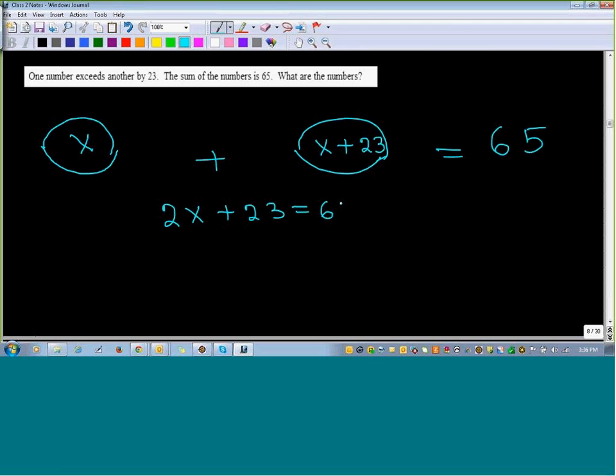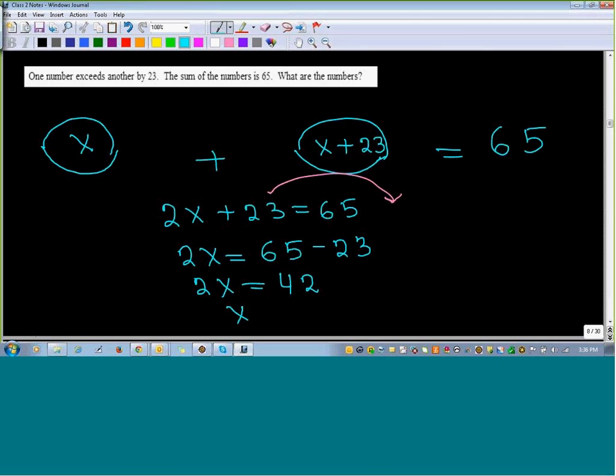Always read the words. So x means the first number, plus, the sum. X plus 23 means exceeds by 23, and this equals 65. So we are able to read this sentence. Next.